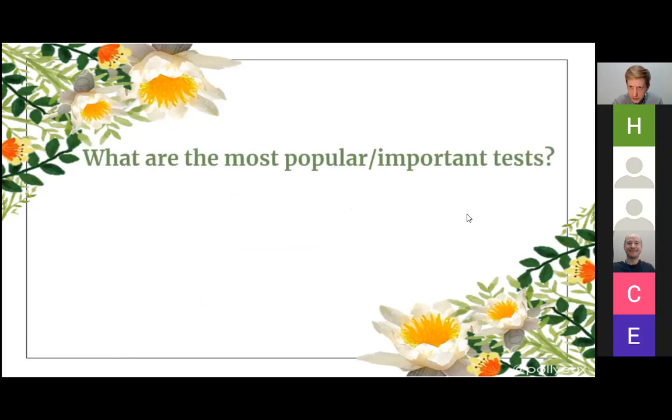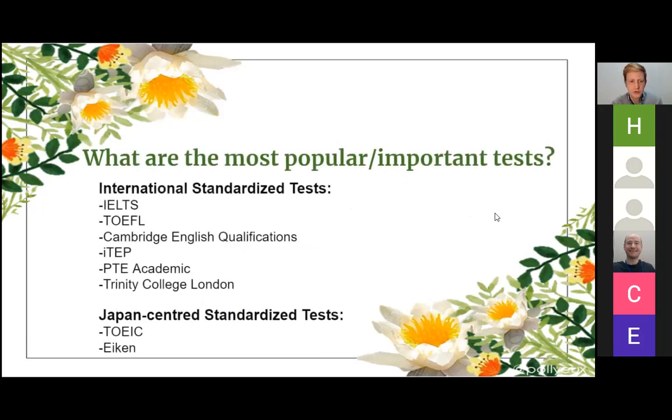So what are the most popular or important tests in Japan and the world? First, I've got these international standardized tests. These are the big ones internationally. You have IELTS, TOEFL, the various Cambridge tests, ITEP, PTE, which is Pearson, and Trinity College.